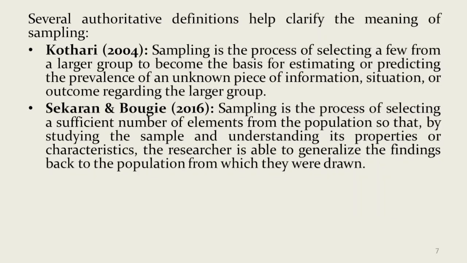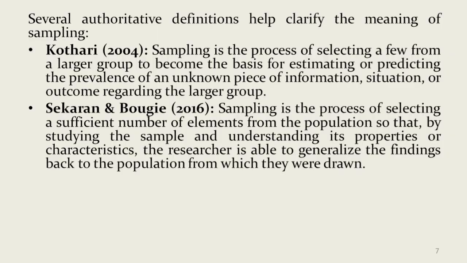Several authoritative definitions help clarify the meaning of sampling. For example, according to Kothari, sampling is the process of selecting a few from a larger group to become the basis for estimating or predicting the prevalence of an unknown piece of information, situation, or outcome regarding the larger group.